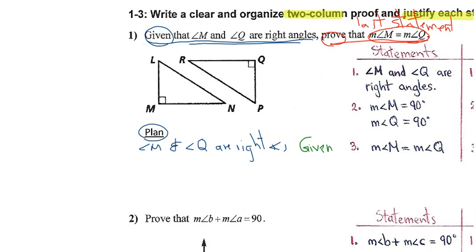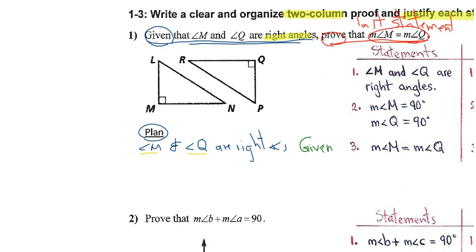In other words, we need to go back to the definition of right angles. What does it say? And the definition of a right angle says the following. A right angle is an angle that measures 90 degrees. So we can say that the measure of angle M and the measure of angle Q are both equal to 90 degrees. So let me write that over here.